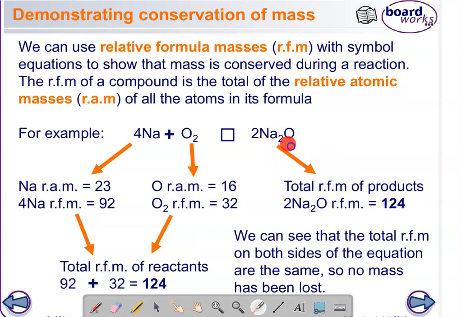We have 2 lots of sodium and 1 lot of oxygen, and we have 2 lots of the compound here. So if you add them up and multiply by 2, you're going to have 124. Now you can see that the total relative formula mass on both sides of the equation is the same. So no mass has been lost. No mass has been lost means that mass has been conserved.